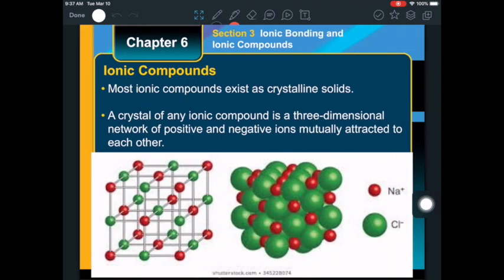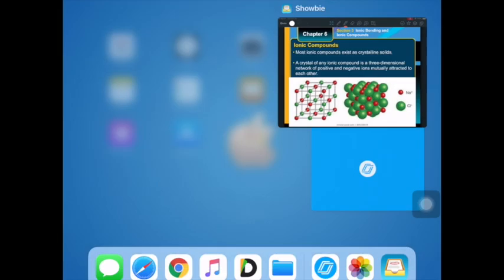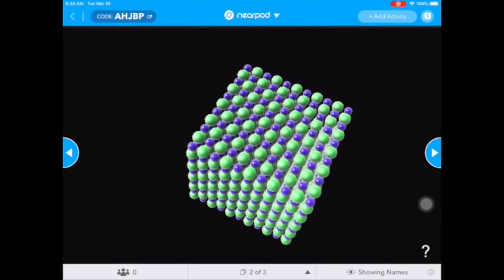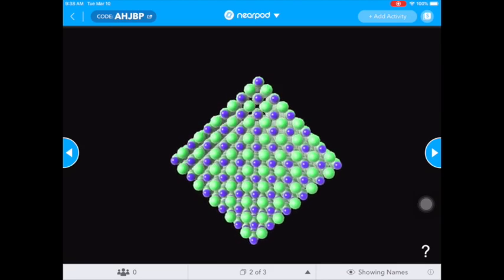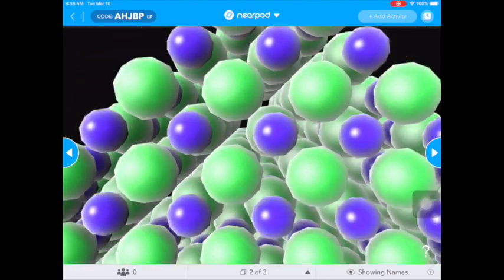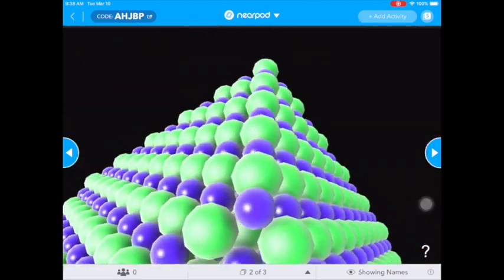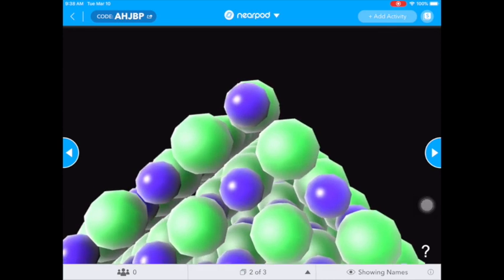All right, so if you're going to compare structures of ionic compounds and covalent compounds, you are going to see something very, very different. So when you go to an ionic compound, you won't see an individual set of atoms stuck together. So for example, maybe this is the chlorine and this is the sodium. You're not going to find them alone.